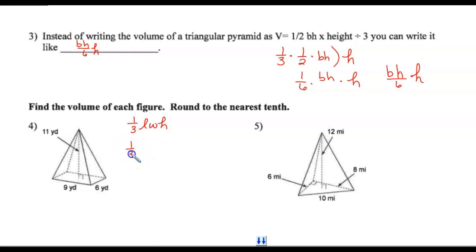So it's 1/3 times 9 times 6 times 11. And if I take 9 times 6 times 11, I get 594. And I'm going to divide that by 3. And so that's going to give me 198 cubic yards.